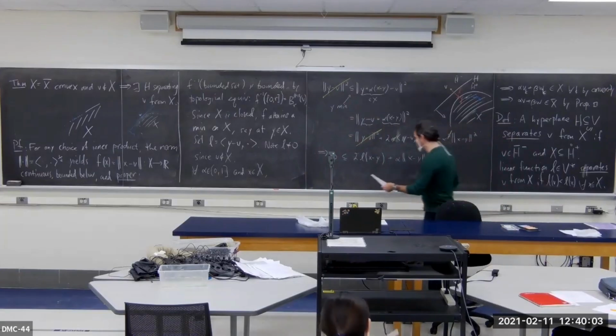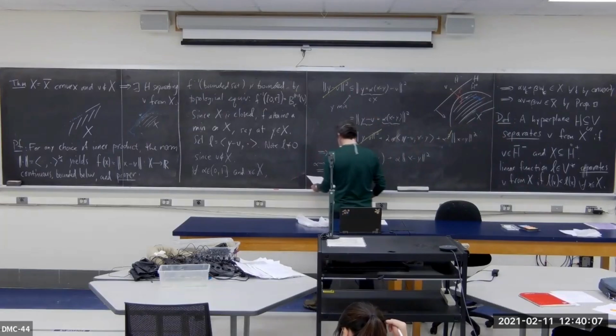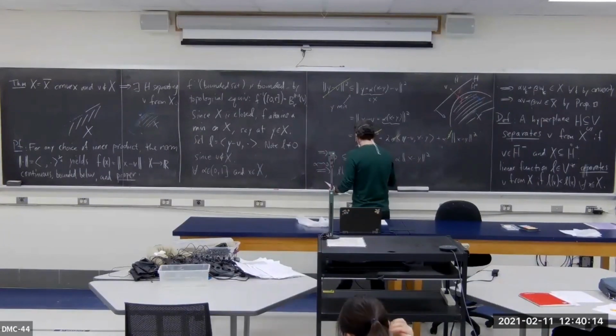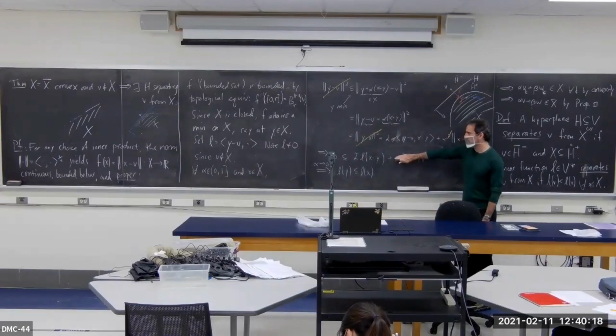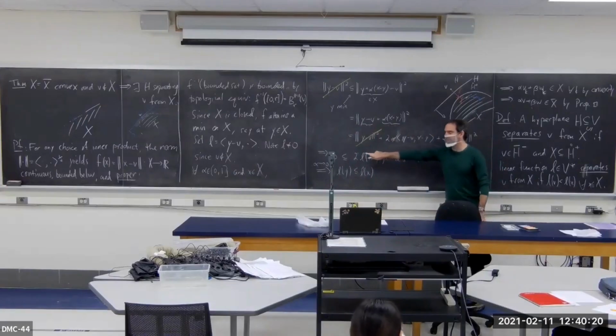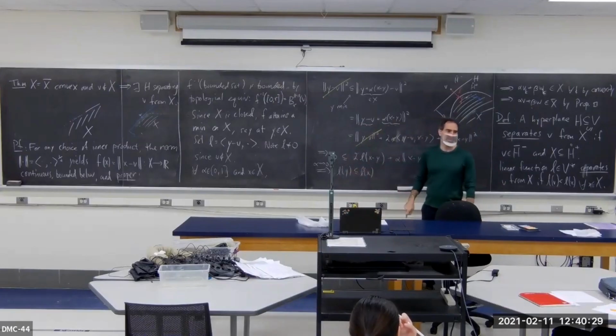So now what I'm going to do is I'm going to let alpha go to 0, and this implies that now L of y is less than or equal to L of x. Right? When alpha goes to 0, this term disappears. The 2 is now irrelevant, and you get L of x minus L of y. So you get 0 is less than or equal to L of x minus L of y, which means that L of y is less than or equal to L of x.